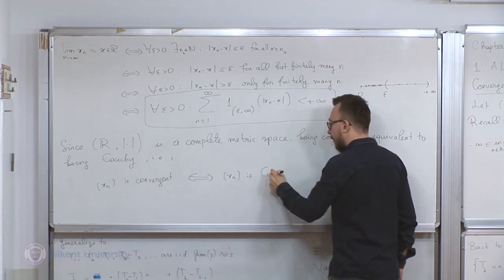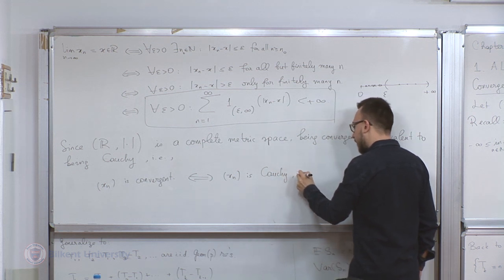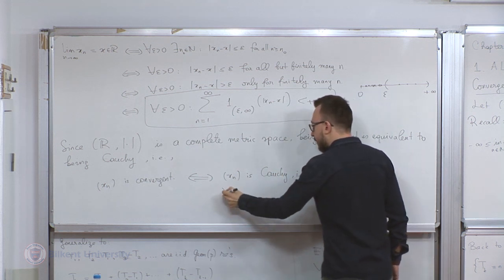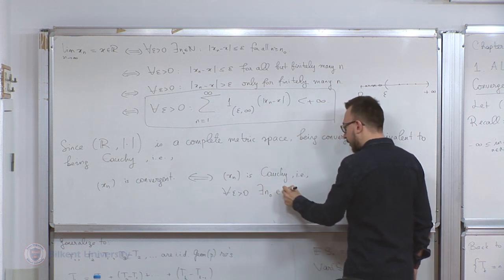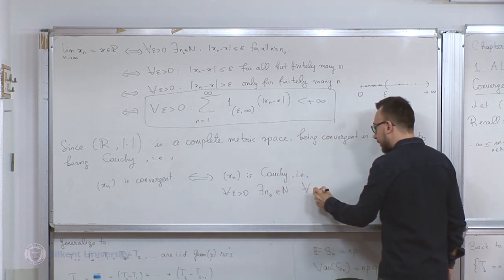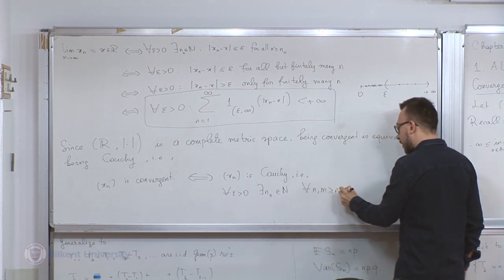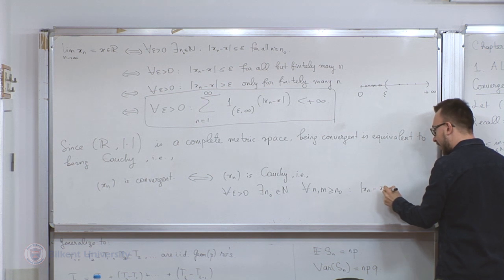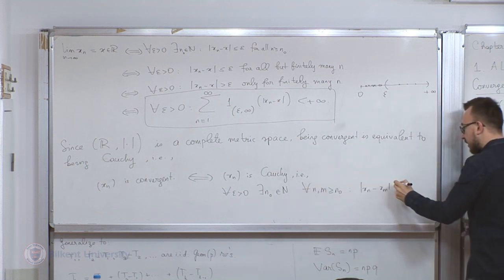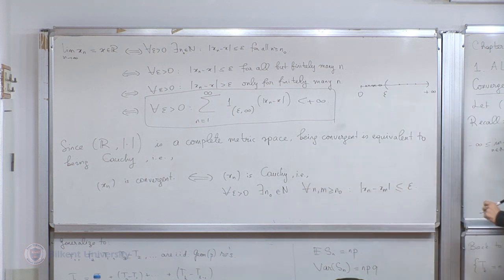Cauchy means that for every epsilon, there exists some index n0, such that after this index, the distance between xn and xm, where I take two indices after index n0, should be less than epsilon. And this concept is the same in general metric spaces.